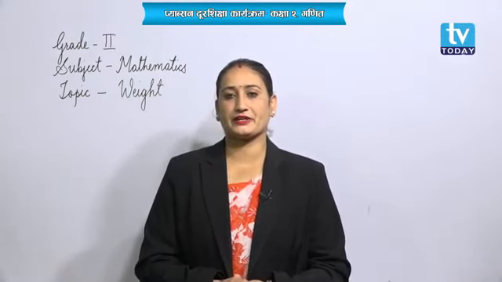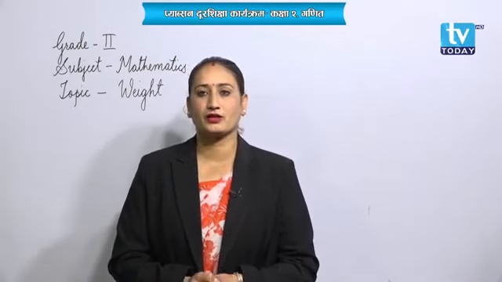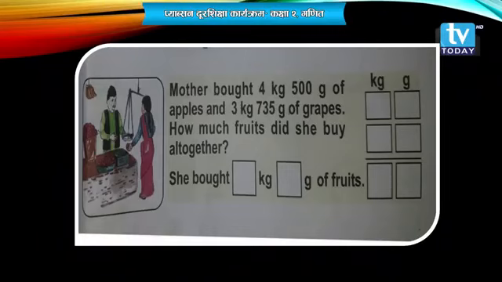Okay, students, are you ready to write down the answers in your notebook? Okay, then be ready. I am going to tell you the questions. So, students, let's have a look at this word problem. What is written over there? See? Listen carefully.